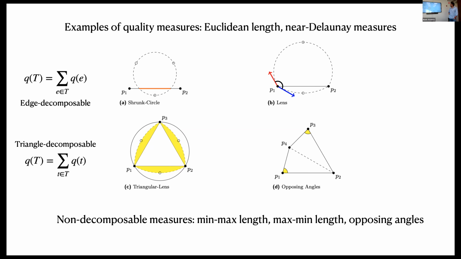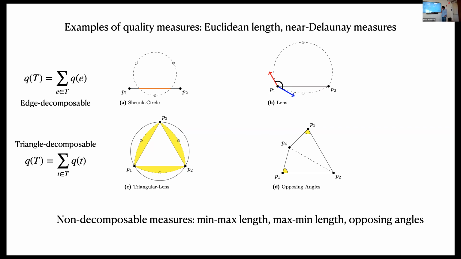But what I want to point out is our methods will work for the first three, A, B, and C, but they will not work for D. The reason is that for A, B, and C, what we care about are measures that are decomposable, meaning the quality of a triangulation can be written as the sum of the quality of the edges in the triangulation or the quality of the triangles in the triangulation. Nothing more than that. So in this case, I would just sum up the quality of all such edges in my triangulation. Same here, same here.